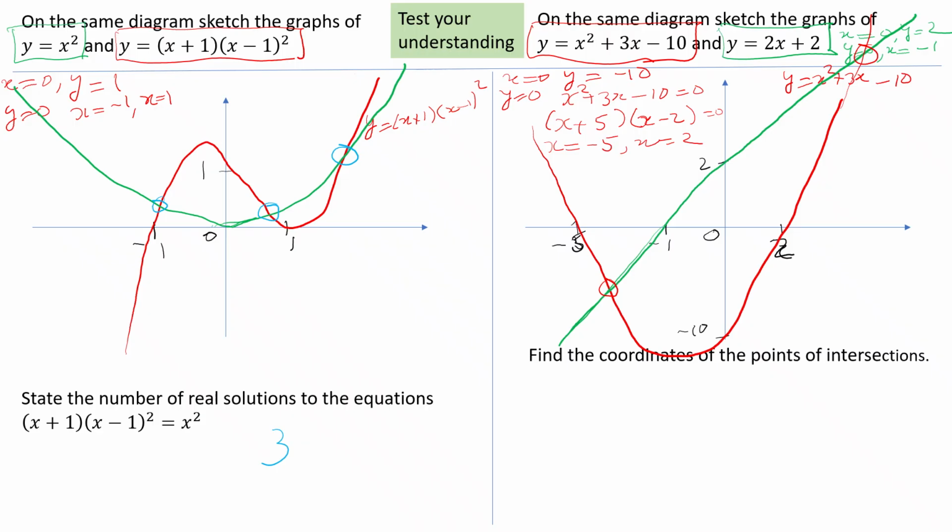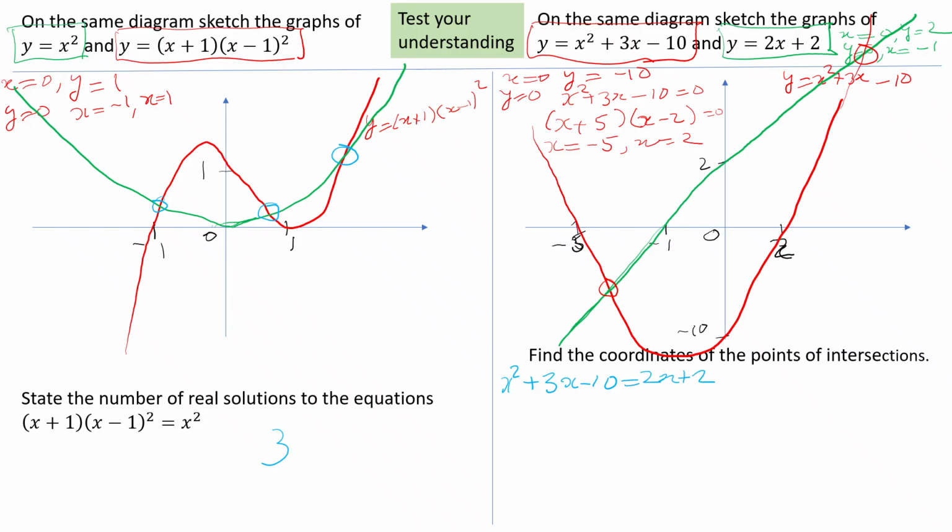Second part, find the coordinates of the points of intersection. So we have two simultaneous equations. Solve these simultaneous equations. x squared plus 3x minus 10 equals 2x plus 2.